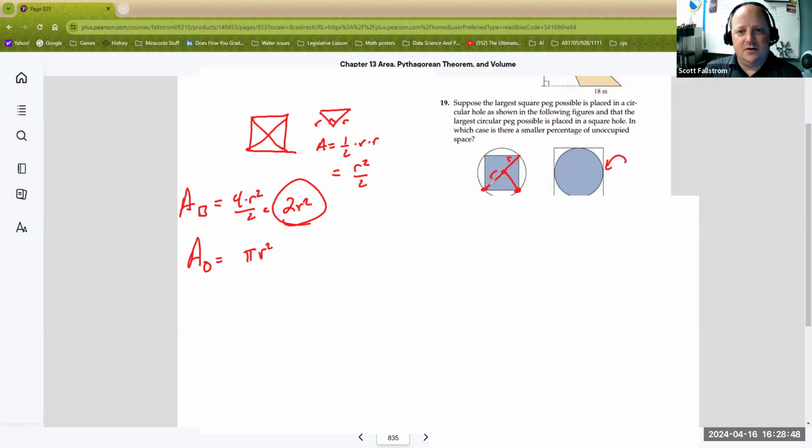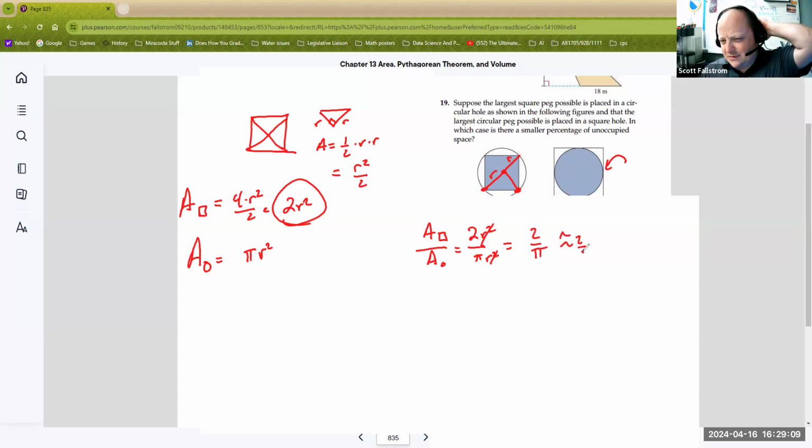Now we need to find in which cases there's a smaller percentage of unoccupied space. So first we can find the occupied space, which would be the area of the square divided by the area of the circle. So 2r squared divided by pi r squared. The r squareds go away, and we're left with 2 over pi, which again is about 2/3.